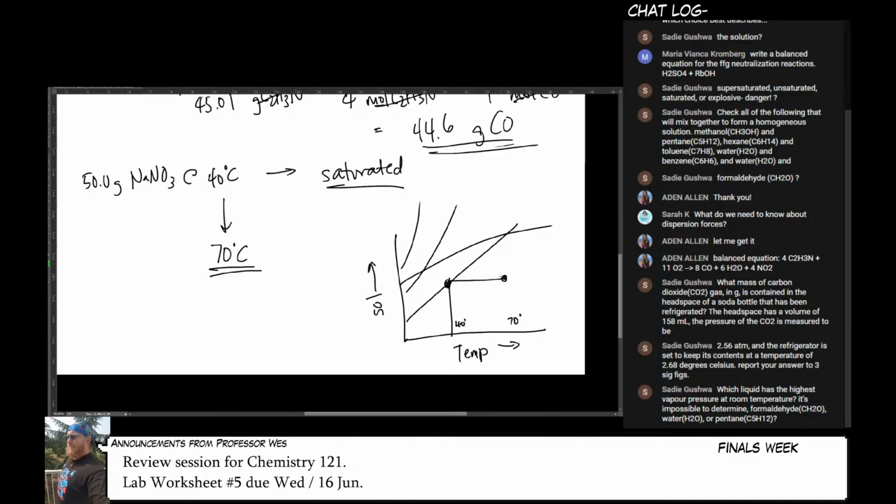Well, at 70 degrees, it can hold more stuff in there, right? You can add more solid. So if it's at 70 and there is more solid that can be dissolved in there, the solution must be unsaturated.